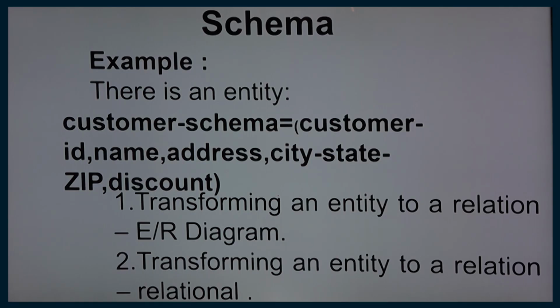There is a schema as shown on the screen. There is an entity called customer, and its attributes: customer ID, customer name, customer address, customer city, customer state, customer zip code, and customer discount if applicable.